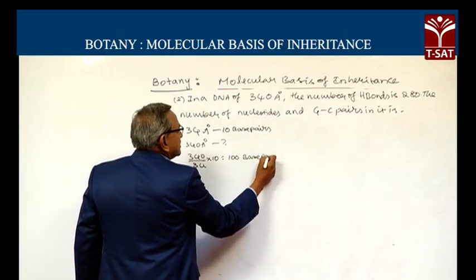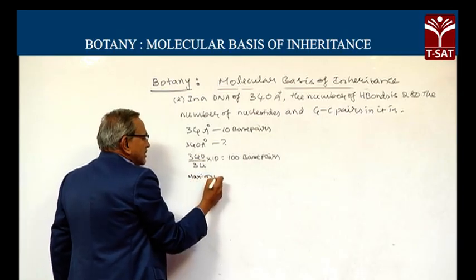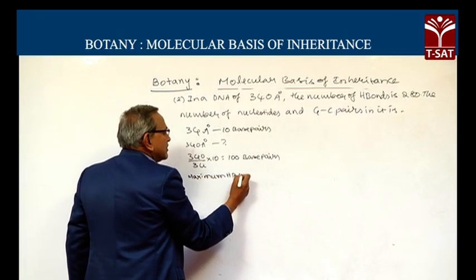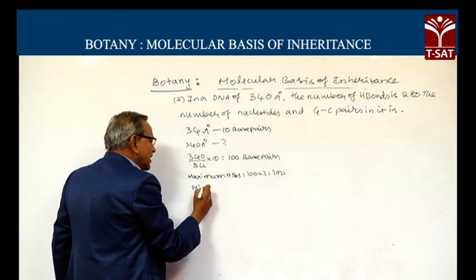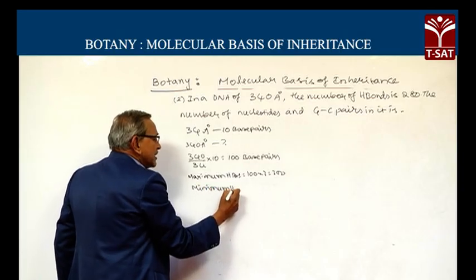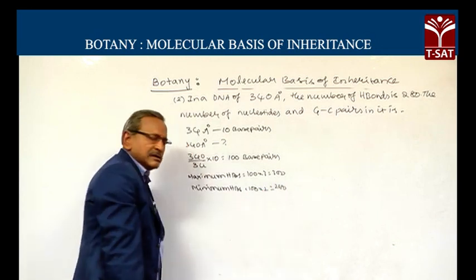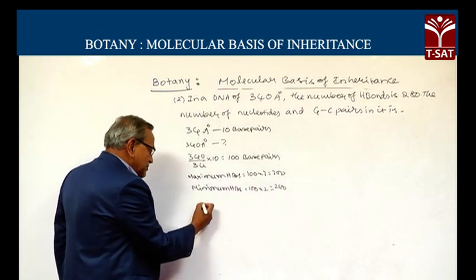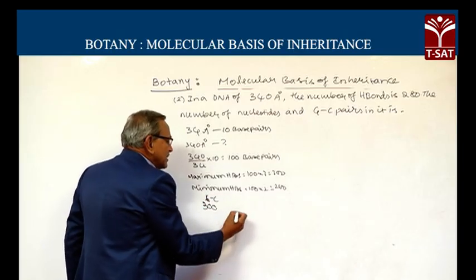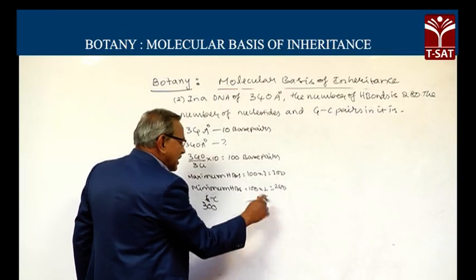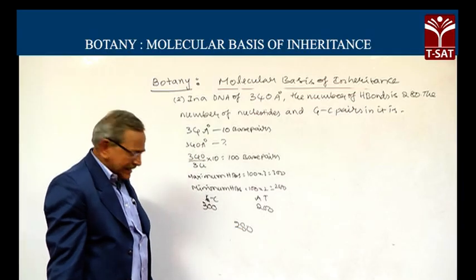And what is the maximum possible H bonds? 100 into 3, 300. Minimum possible H bonds, 100 into 2, 200. Now, this is the maximum possible, 300, when all are GC pairs, and this is the minimum when all are AT pairs, but our actual figure is different, 280.